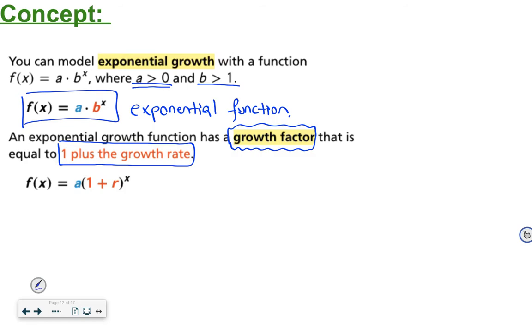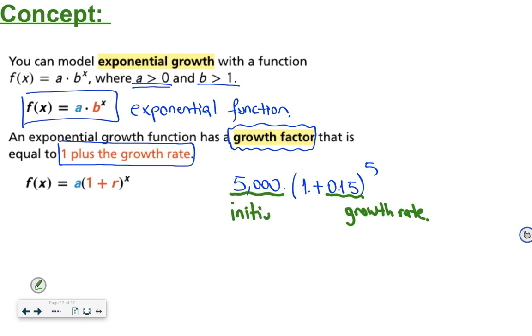The total population after the 5th year is 5,000 times 1 plus 0.15 to the power 5. The 0.15 is the growth rate, and this 5,000 is the initial value. And this 1.15 is going to be called the growth factor.